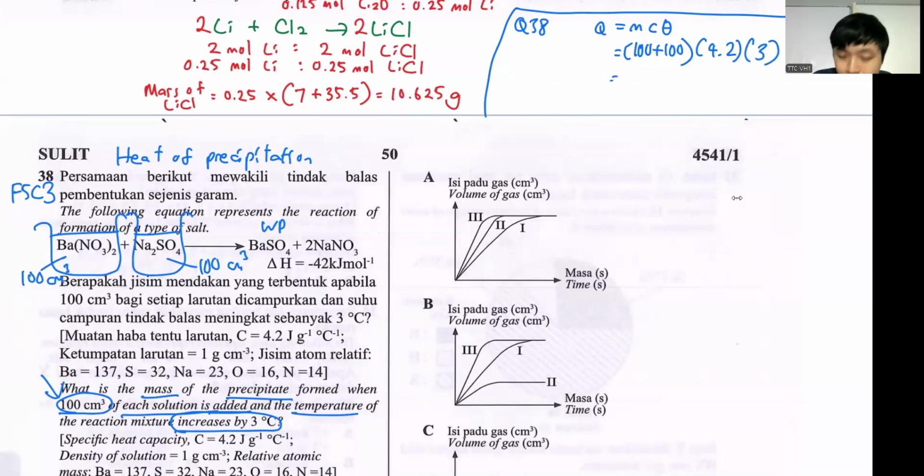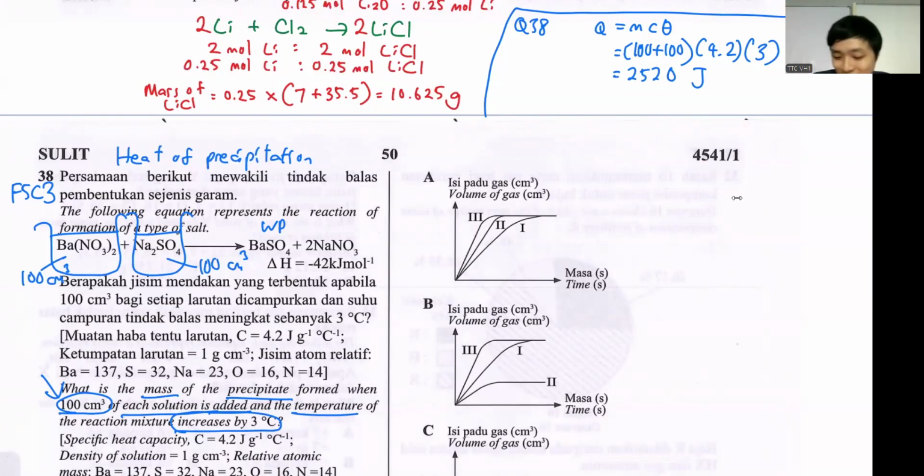Very simple. 4.2 times 3 is 12.6. 12.6 times 200 is 2520. Am I right? I used my head to count. Correct.